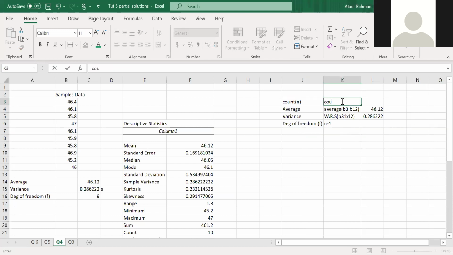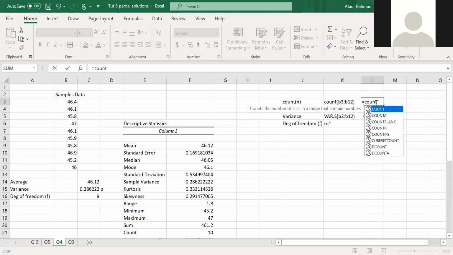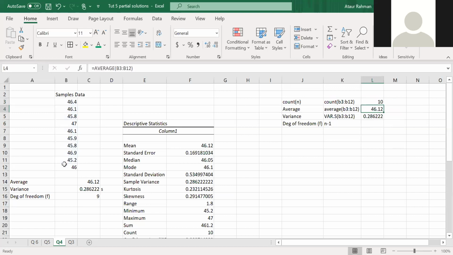The function is COUNT and the range of the data, B3 to B12. So count these values. Degree of freedom will be count minus 1, n minus 1. So we found the degree of freedom.